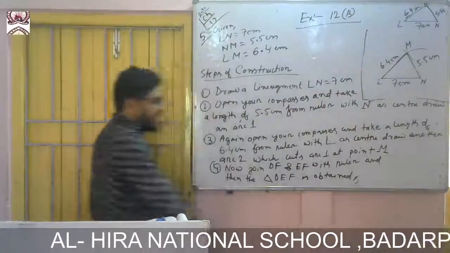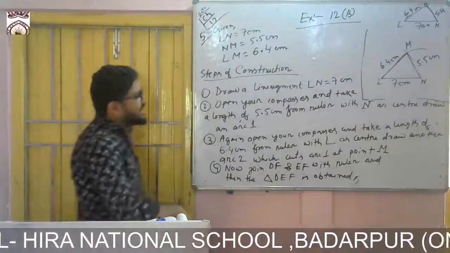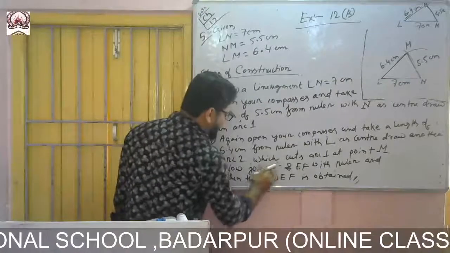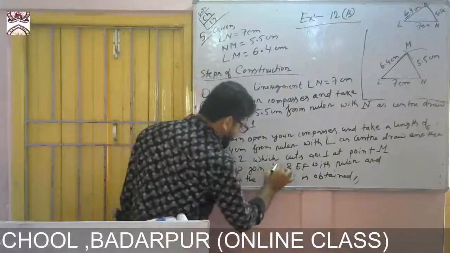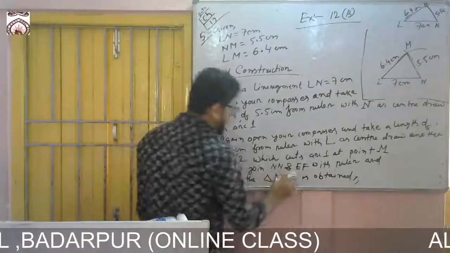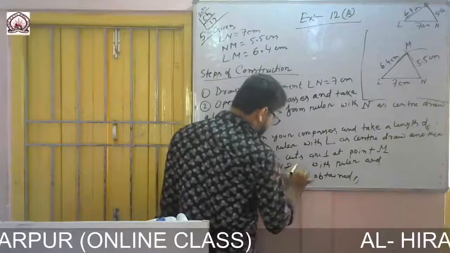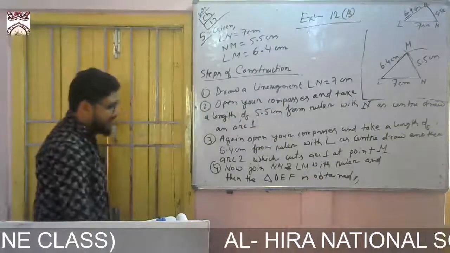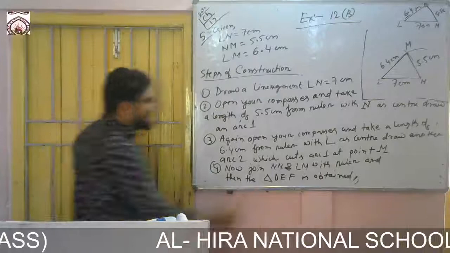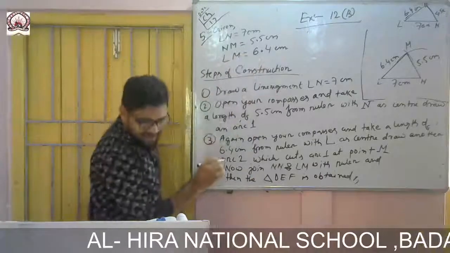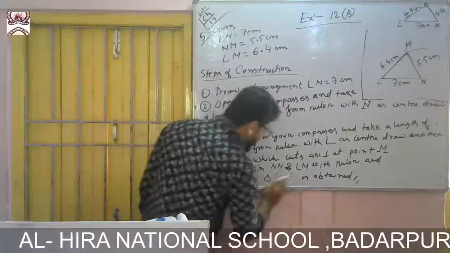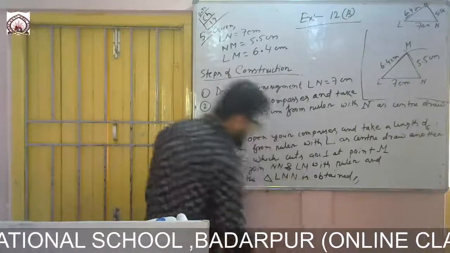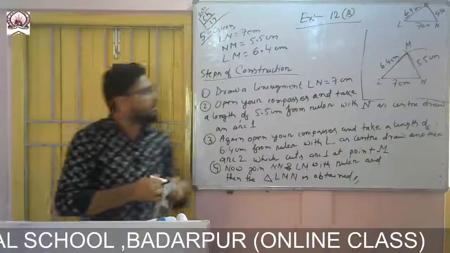Now join NM and LM with ruler, and then the triangle LMN is obtained.